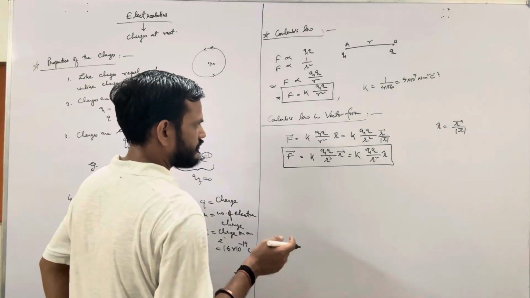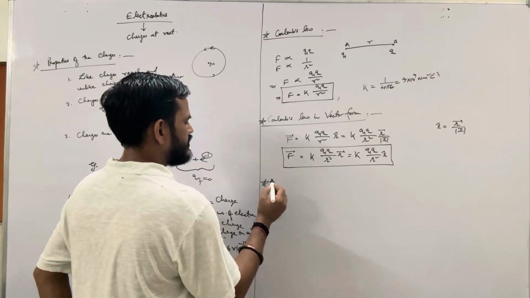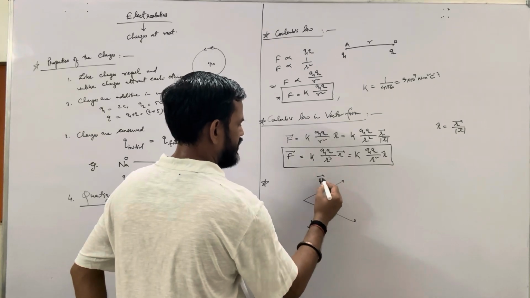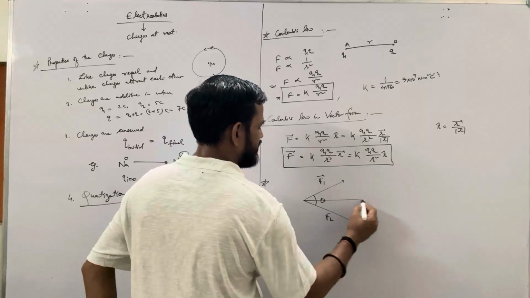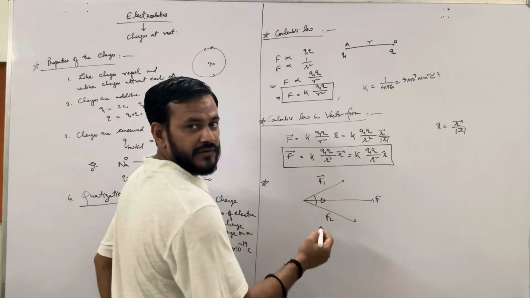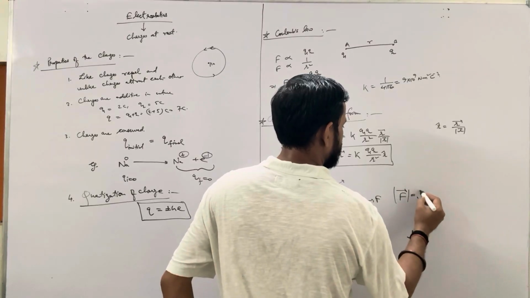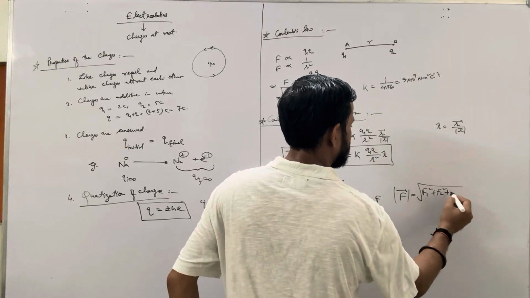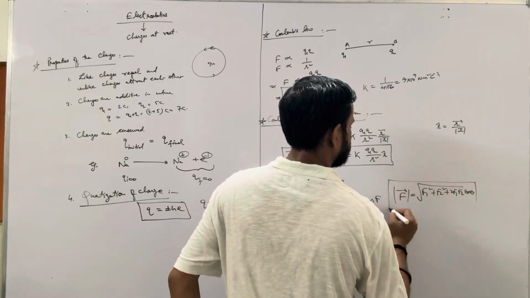Suppose there are two forces, F1 and F2, separated by angle theta. The magnitude of the resultant force F will be given by the square root of F1 square plus F2 square plus 2 F1 F2 cos theta.